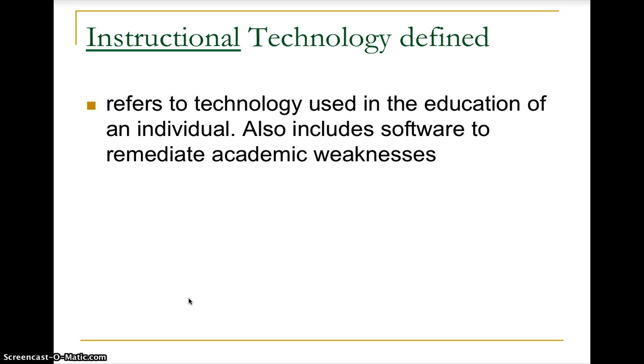Compensatory devices, or to compensate for a disability, replaces the natural capability that one doesn't have the option of doing. So for instance, if I lose a leg, I'm going to have to use something else to compensate for losing that leg to help me in my mobility. So either a prosthesis, a wheelchair, a cane, crutches, those compensate for my lack of the actual leg.